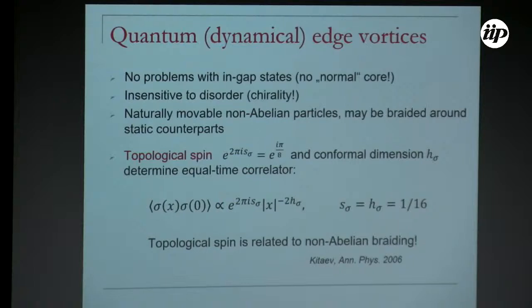And remarkably, it has this prefactor e to the 2 pi i s. s sigma is also 1/16. This is called the topological spin. And if you exchange them, basically you have to take care of this complex phase factor. In that case, it's just e to the i pi over 8. Yeah, and we will see that this topological spin is related to the non-abelian braiding of an Ising anyon.